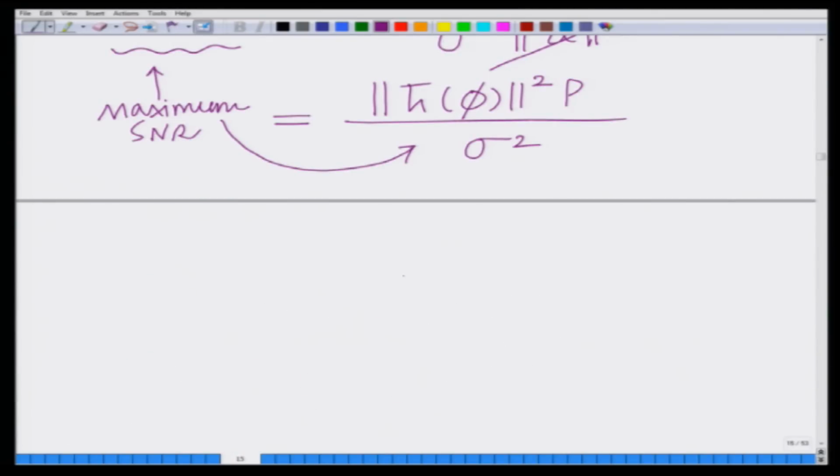Now, for the maximum SNR, remember h bar of phi is 1, e power minus j phi, and so on up to e power minus j (L minus 1) phi.